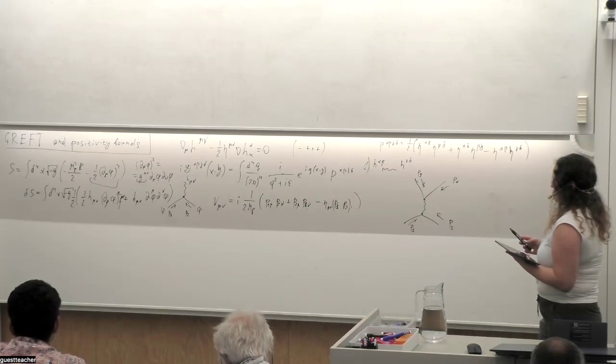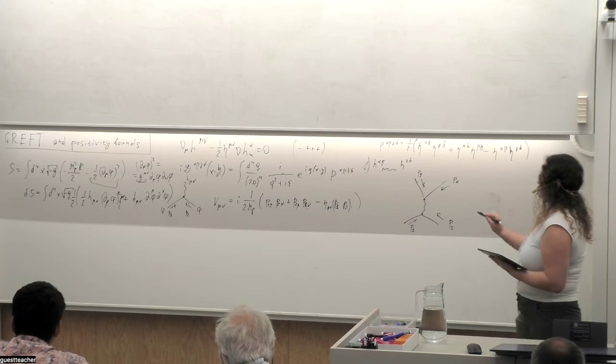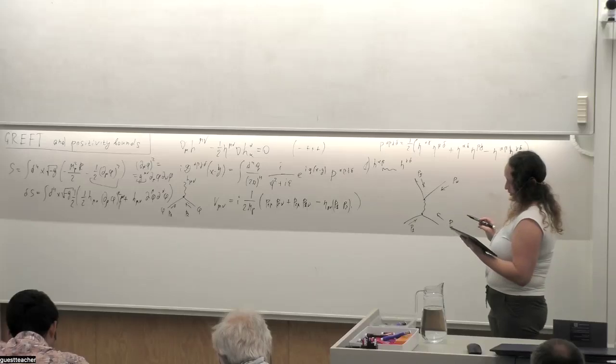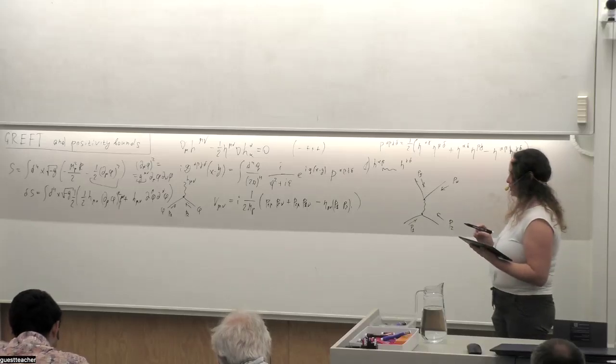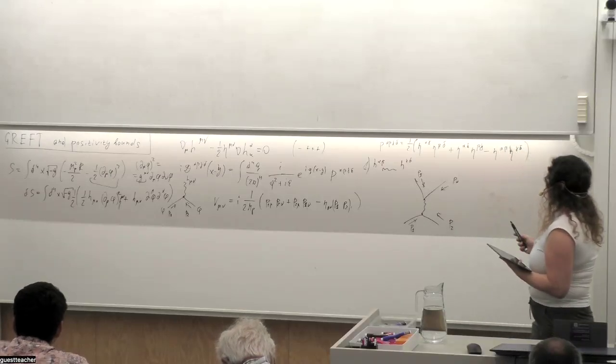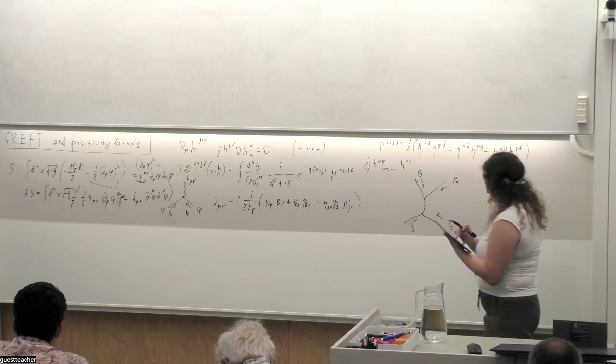So having this vertex, our purpose is to compute how the scattering amplitude of gravitons looks like. What is the dependence of scattering on the momenta and finally on the Mandelstam variables. We'll come to that soon.